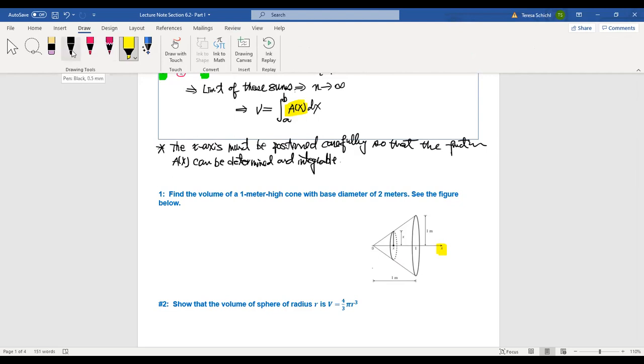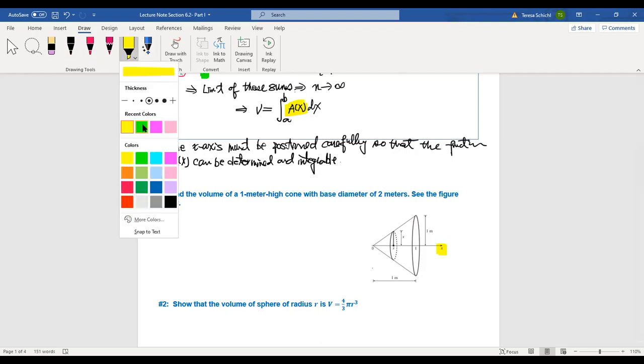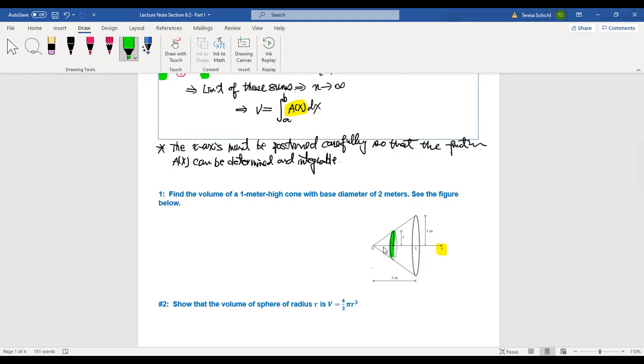Now take a look here. You see that's why I'm slicing this way, right? So this is my slice, this is my little disc. I'm slicing here, correct? So this is a disc, right? So from here to here, this is the radius.